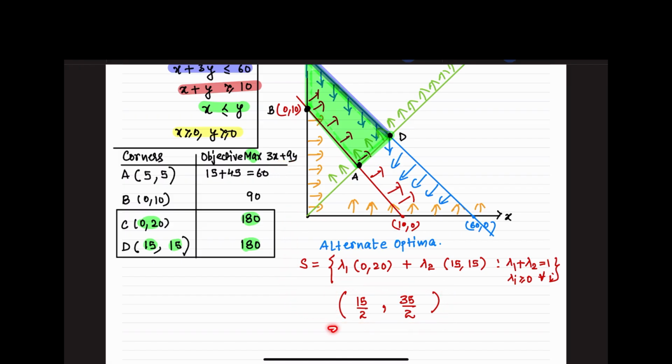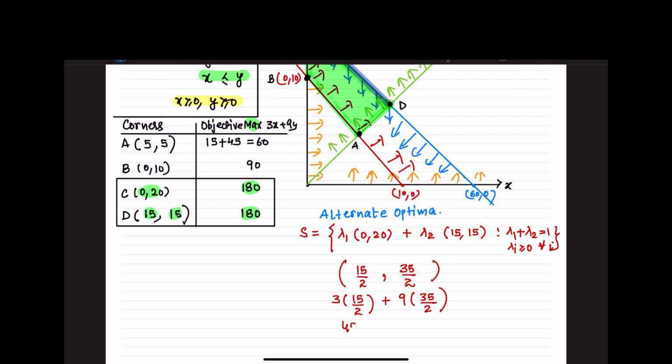Now use this point x comma y in your objective and see that the answer is again 180. So what is the objective? 3 into 15 by 2 plus 9 into 35 by 2. So this is 45 by 2 plus 315 by 2, you get 360 by 2.